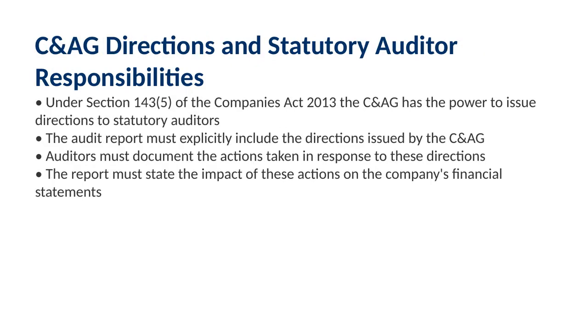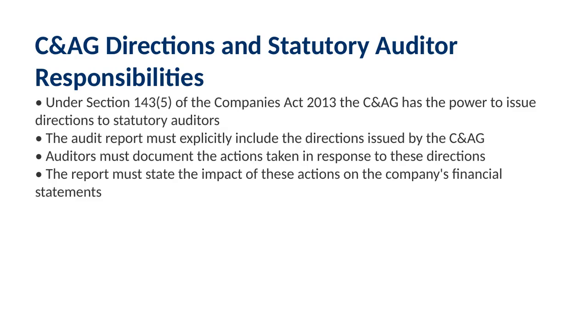First, let's talk about the role of the Comptroller and Auditor General, the C&AG, and the statutory auditors. You need to understand that for government companies, the C&AG has significant power under Section 143(5) of the Companies Act, 2013.